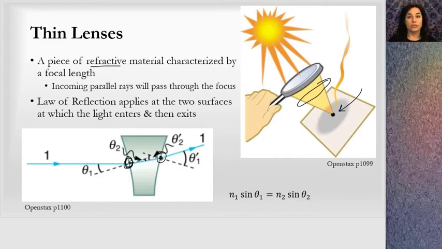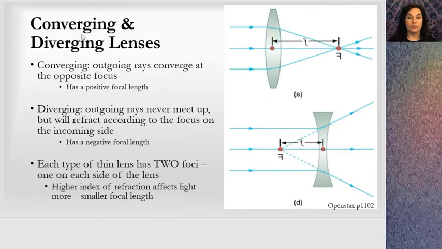There are two different types of thin lenses. The first is converging, the second is diverging. With converging lenses, outgoing rays converge at the opposite focus. So if we have a bunch of rays coming in parallel, and please forgive this diagram, I reversed it from what it was in the book because they had the light going from right to left rather than left to right. So we're following the light from left to right in here.